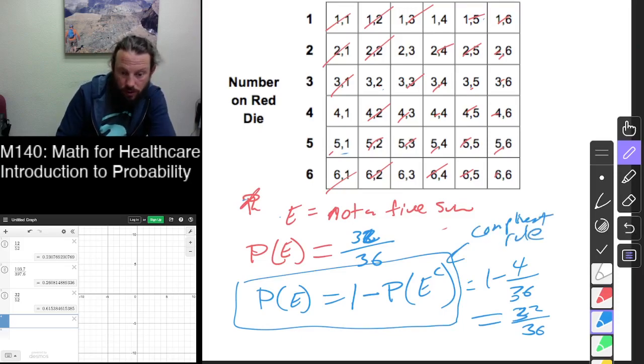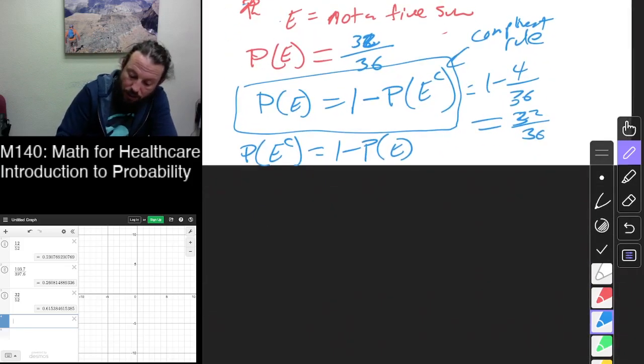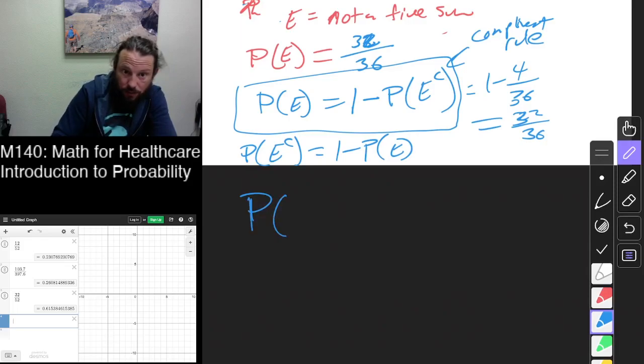Very useful, and of course it goes the other way. Probability of E complement equals 1 minus the probability of E. And maybe the last thing I'll say is that this also tells us that the probability of E complement plus the probability of E equals 1.